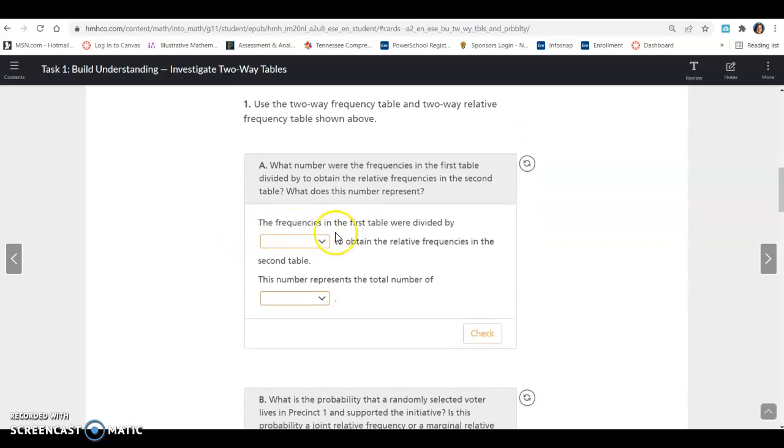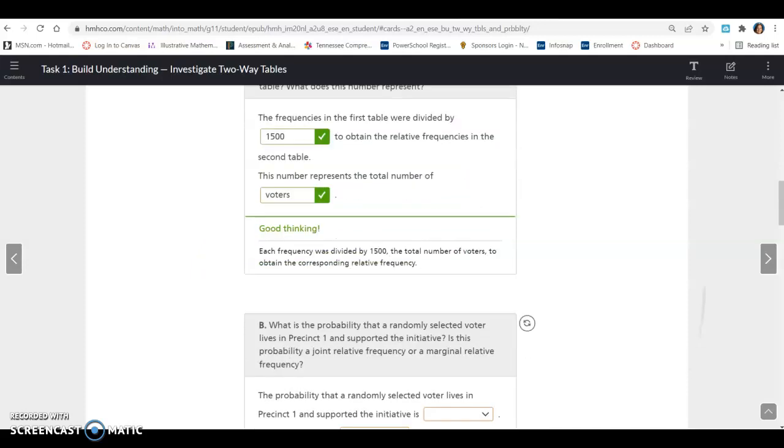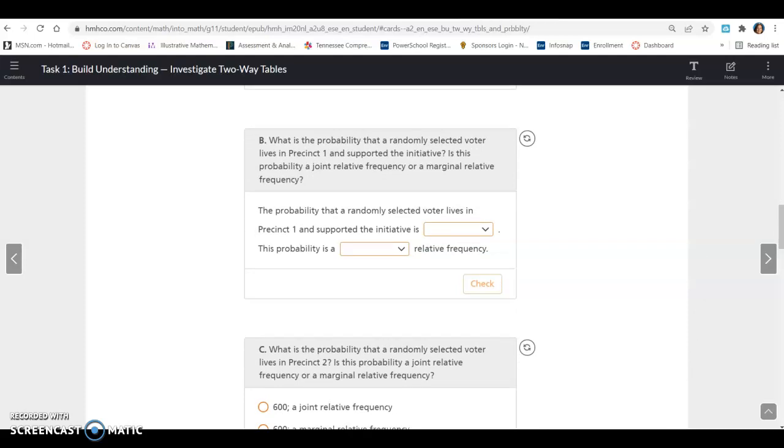So the frequencies in the first table were divided by 1,500 to obtain the relative frequencies in the second table. This number represents the total number of voters, so the total number of all voters, not just in one precinct or the other, but all the voters.